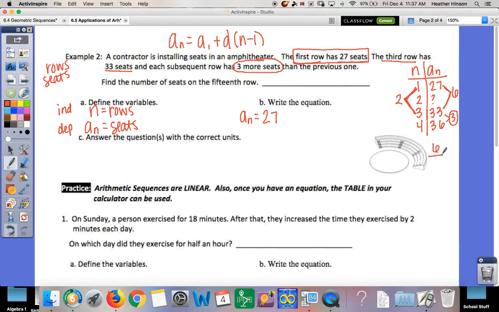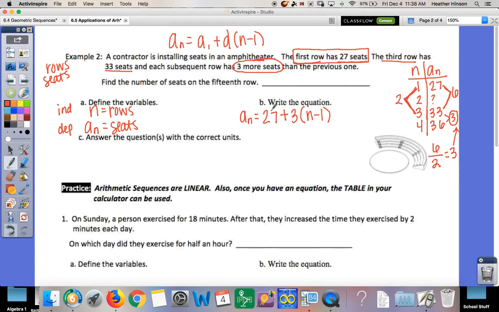So 6 divided by 2 is 3, which is the same 3 from right here, where it says they were getting 3 more seats. So you have two options. You can subtract up and figure that out, or you can just use this 3 more seats. And that's going to be your difference. So we're going to add our difference. And then, as always, n minus 1.